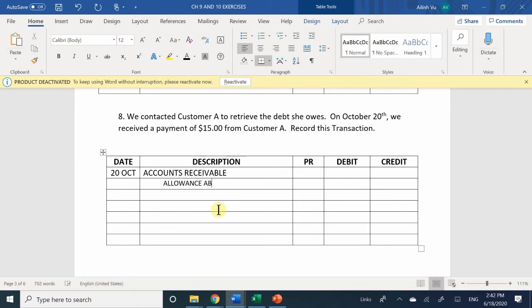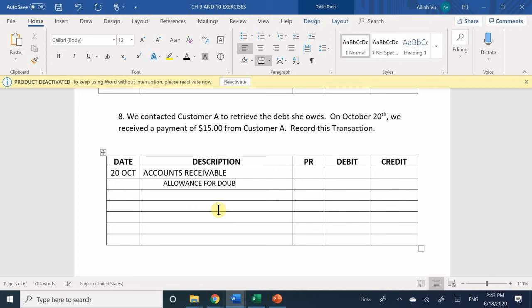Then you could minus the $15 from it. Yes. So in other words, we zeroed the accounts receivable on August 15th, so now we establish that account in order to take the $15 off of it.